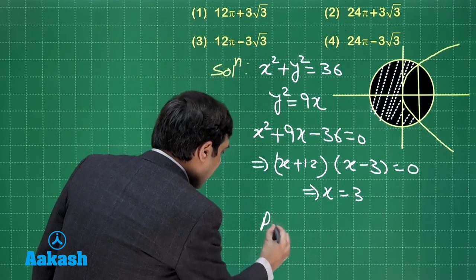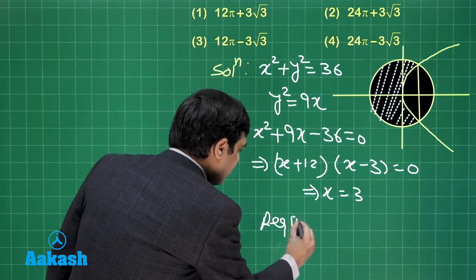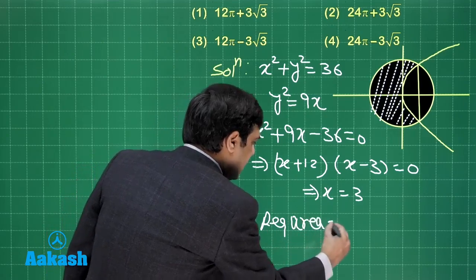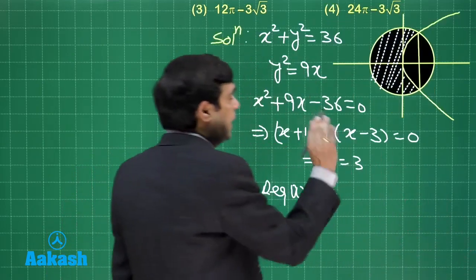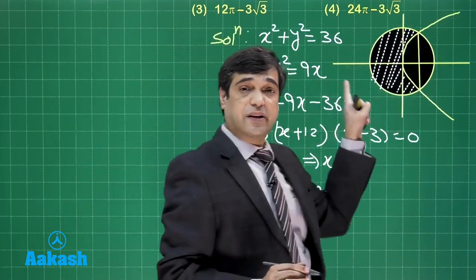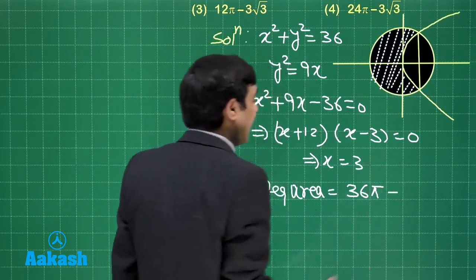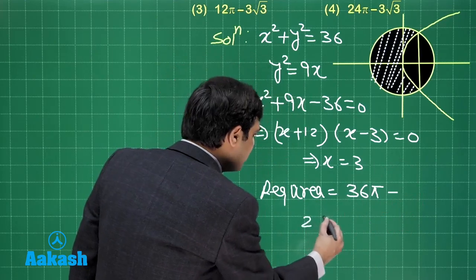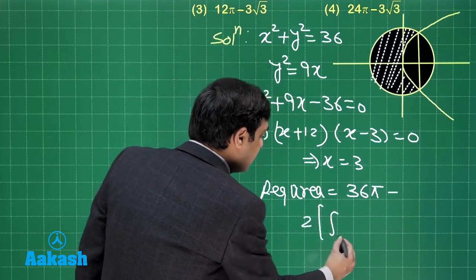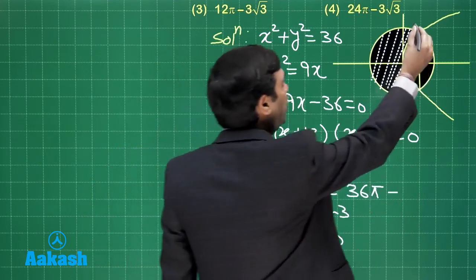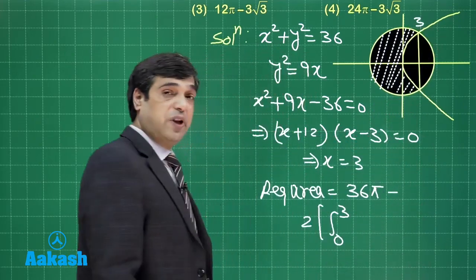option, the required area is equal to, if I go with the complete circle, that means 36 pi minus twice of integral 0 to 3, because this point of intersection is at x equal to 3.